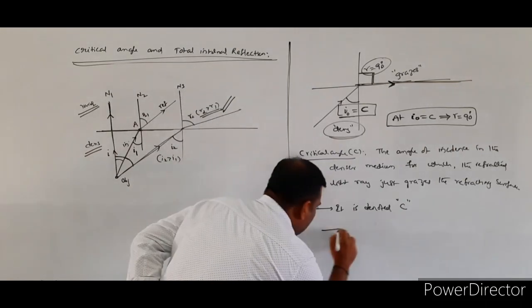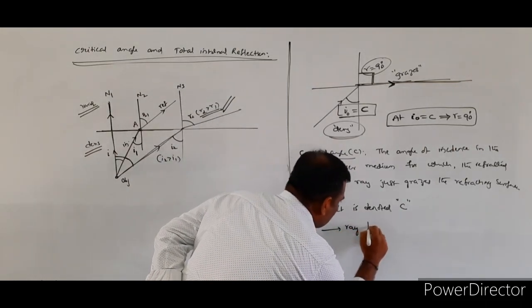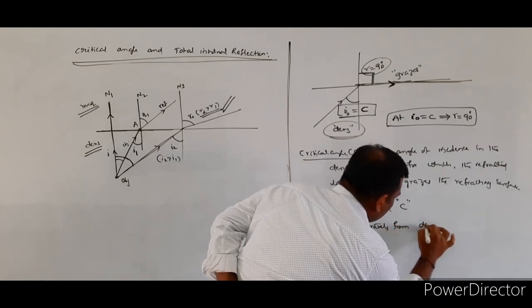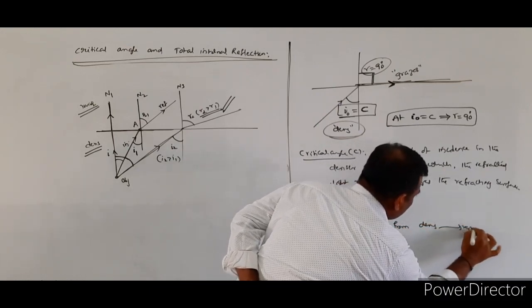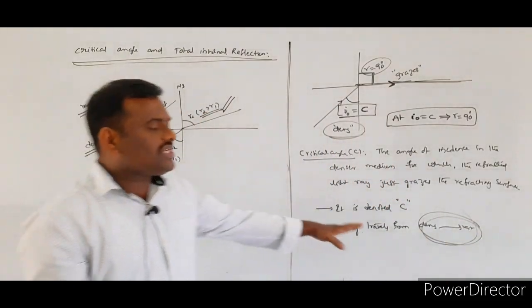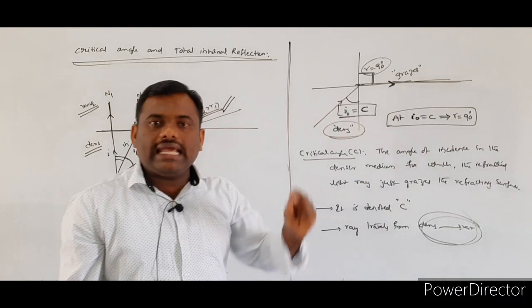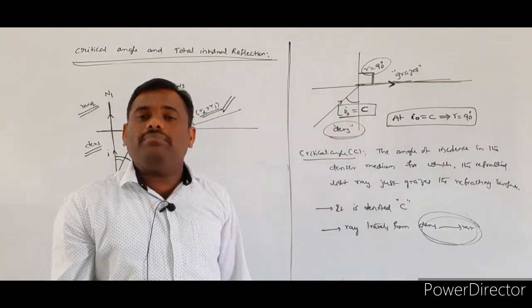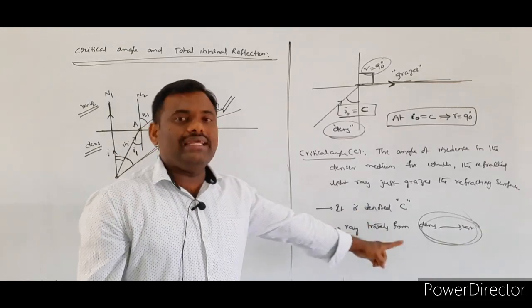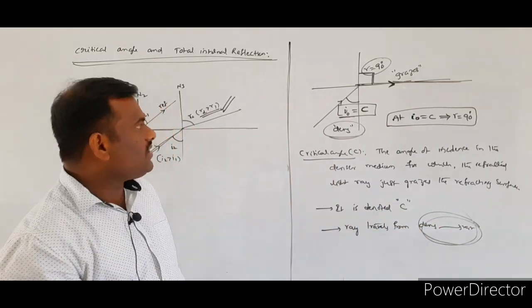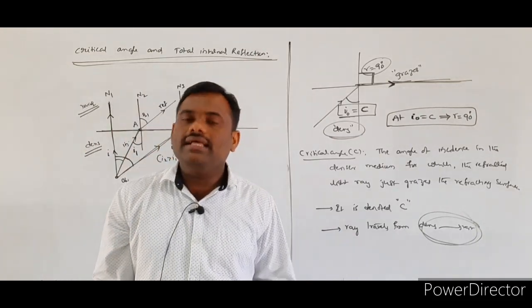The light ray must travel from the denser medium to the rarer medium only. So that is the concept of the critical angle.